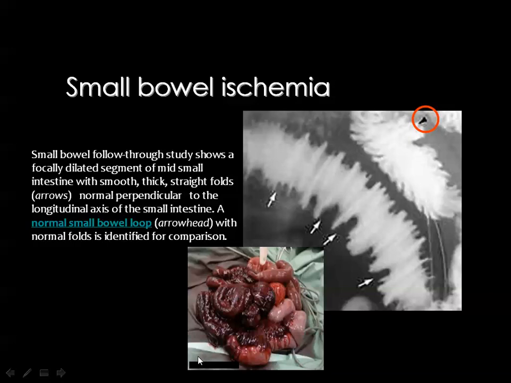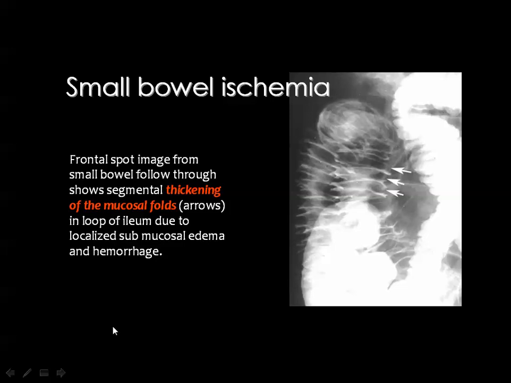The common finding of acute ischemia is the presence of prominent mucosal edema, and you see the marked thickening of the mucosal folds compared to the adjacent bowel loop, which showed normal mucosal fold thickness. And this is also a good example of intestinal ischemia, showing considerable increase in the thickness of the mucosa, as you can see here.